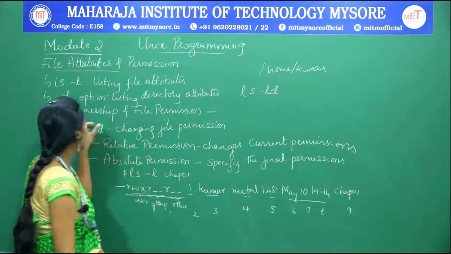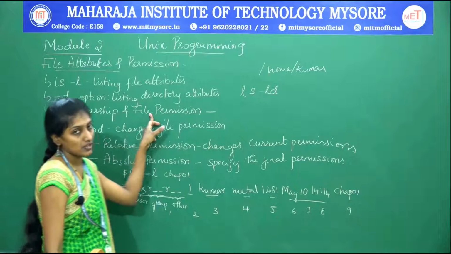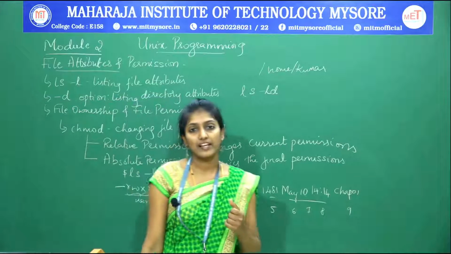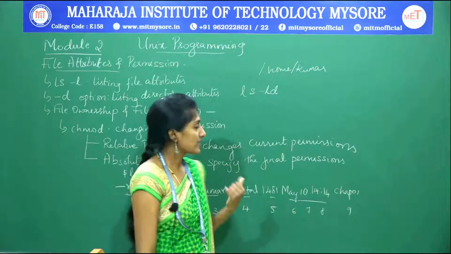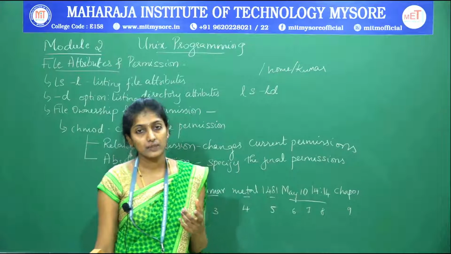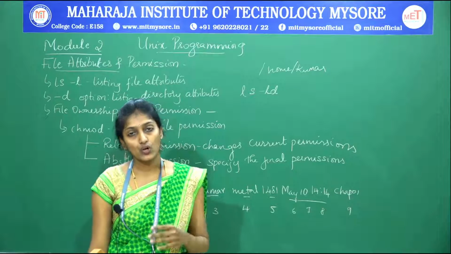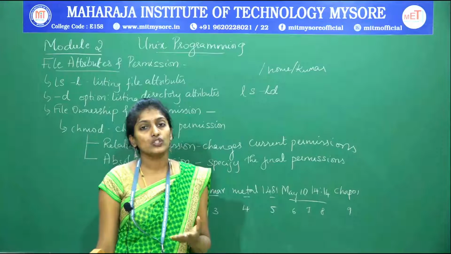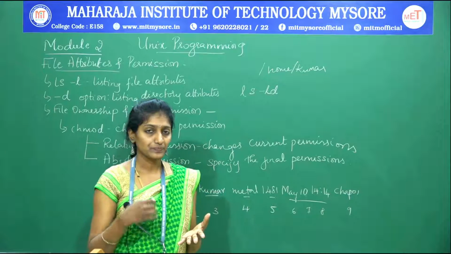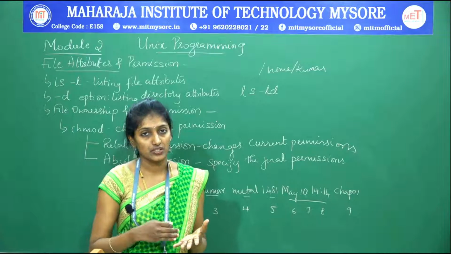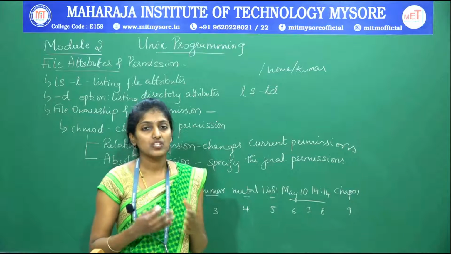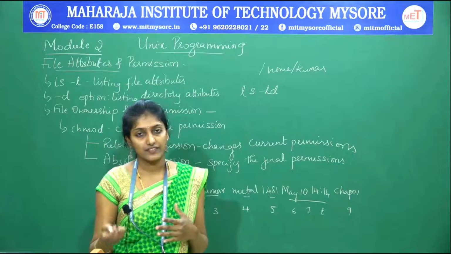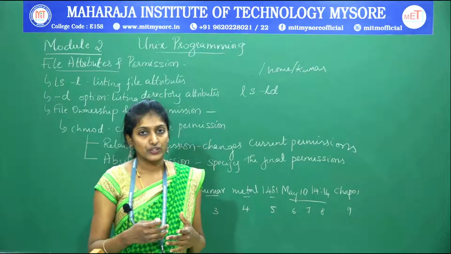Next, we have discussed file ownership and file permission. What do file ownership and file permission represent in the Unix file system? If the user wants to know who is actually the owner of a file, and also how to change the file permission. By default, permission will be set for each and every file you create.